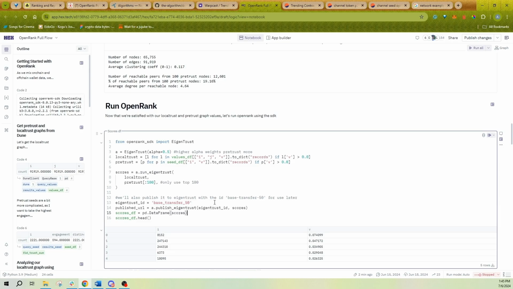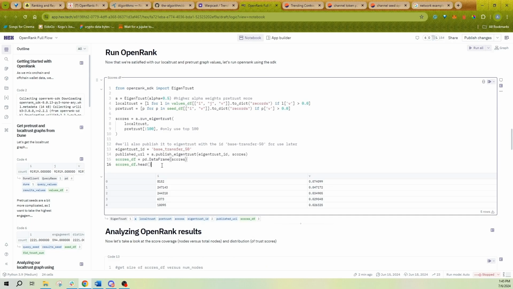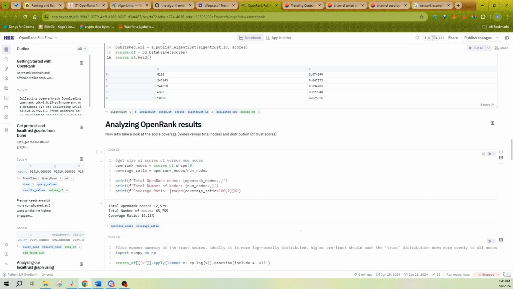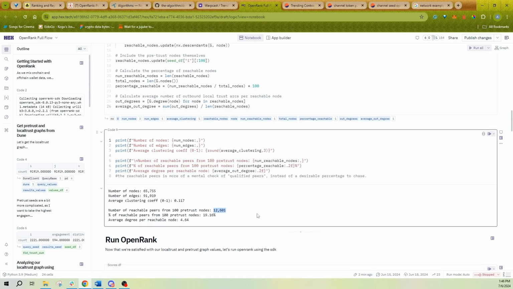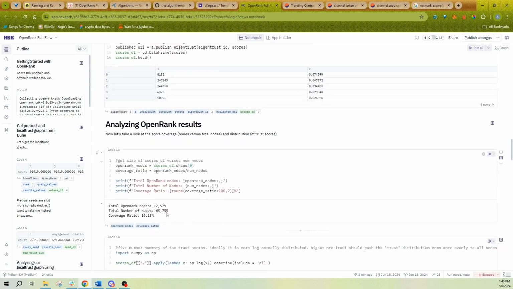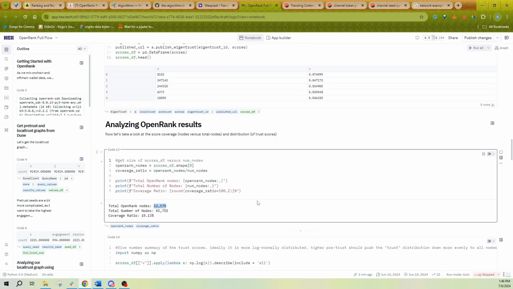EigenTrust, or specifically the OpenRank platform, is going to run this algorithm for my inputs and save the output scores to base transfer 50. So you can see the scores here. It's like 0.074099, et cetera. I only showed the top 5 here, but because about 12,600 nodes were connected to the pre-trust, my output is around 12,579.